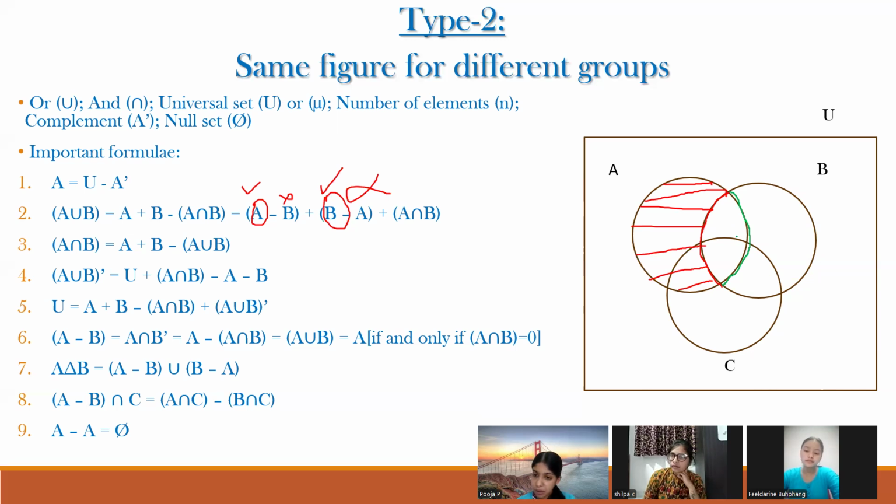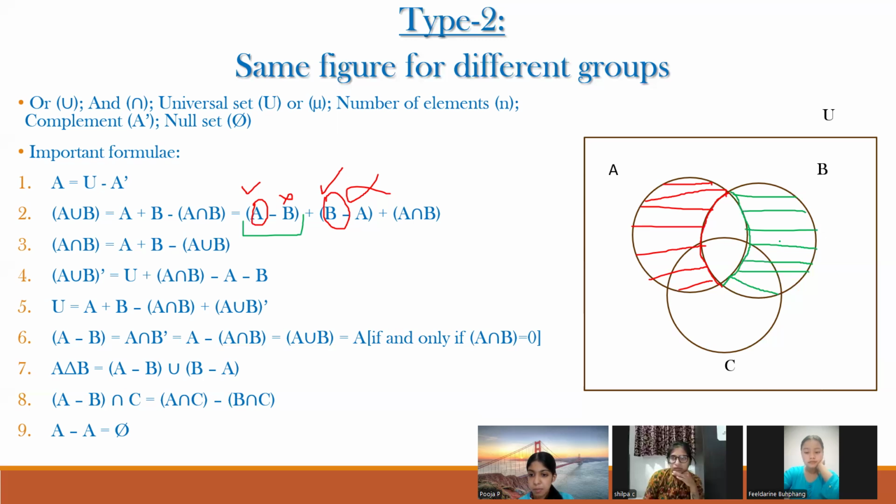Because it is a part of B in the first term. Similarly, this red mark also is a part of B only, but we are not taking it. Why? Because it should belong to B but should not belong to A. So only this green portion is B difference A, all that which belongs to B but does not belong to A. At any cost, for any reason, anything that belongs to A should not come.